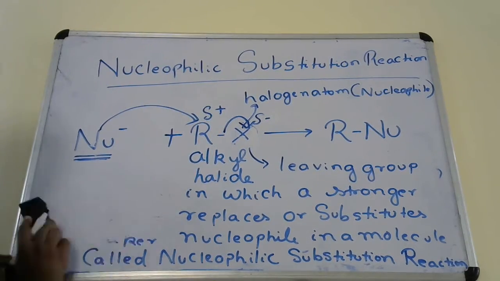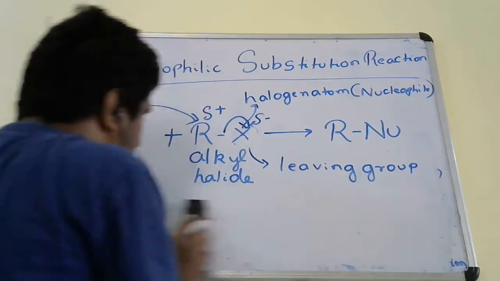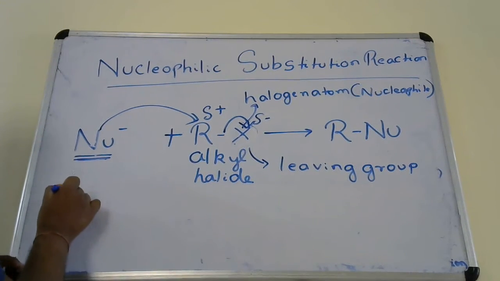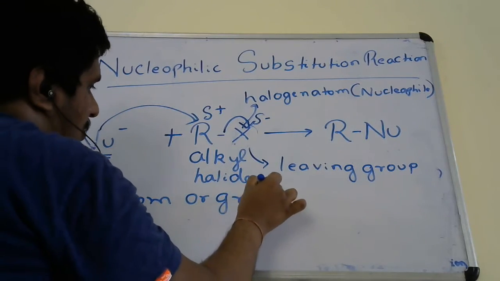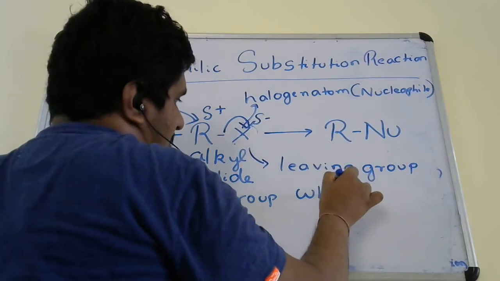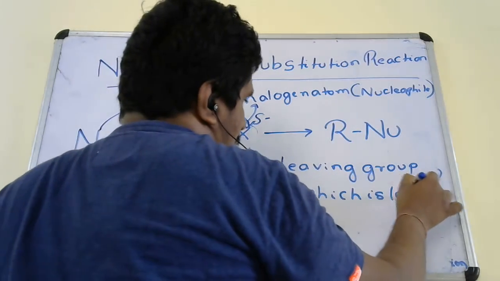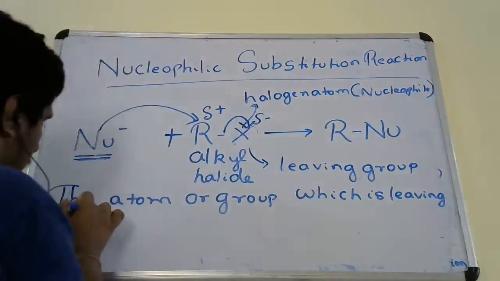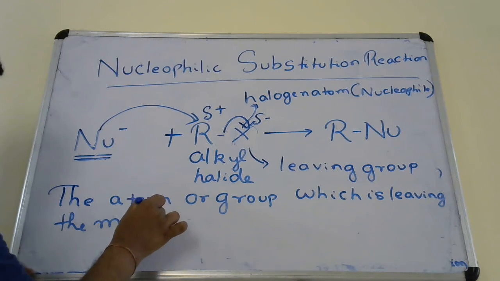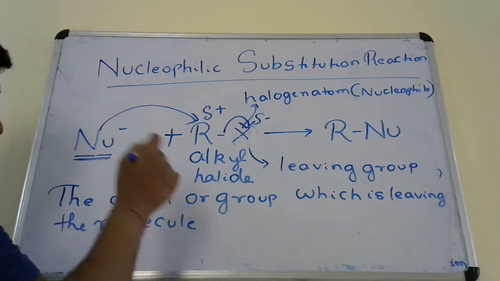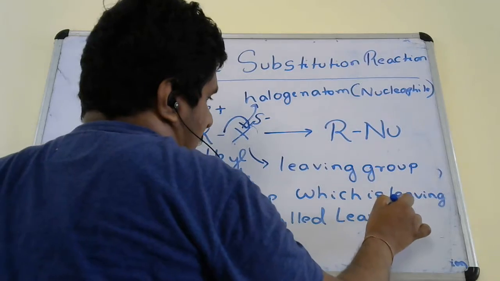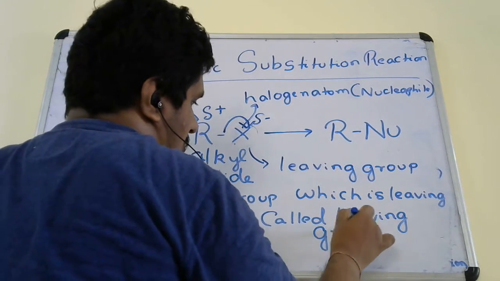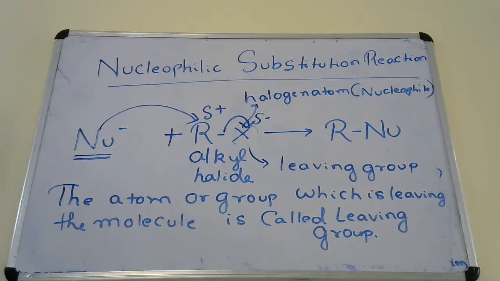Now the atom or group which is leaving the molecule is called the leaving group. What is happening when the nucleophile is attacking this alkyl halide molecule?